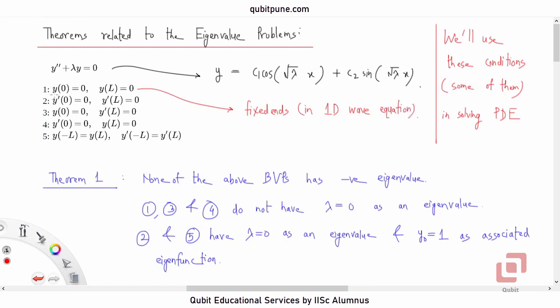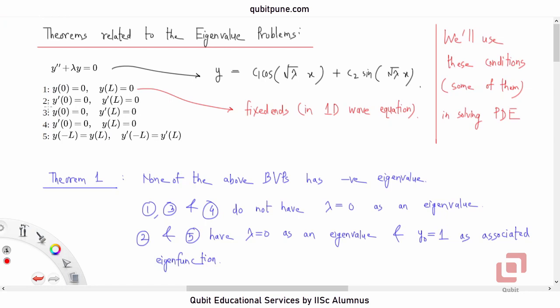And so on. So y dash of 0 and y dash of l equal to 0 doesn't really have any physical significance as far as wave equation is concerned, because it is the derivative of displacement with respect to position. I mean, if you multiply it by velocity, then you can say that it is acceleration and so on.